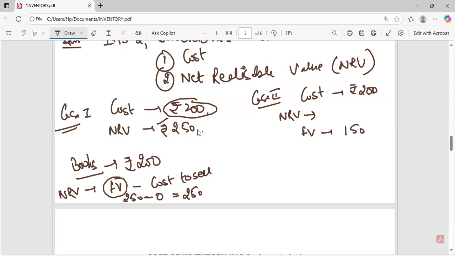And now she has to incur certain cost also to sell it because she now has to look for customers who can buy those soggy stale pizzas. So she has to incur a cost of, let's say, 20. So my net realizable value would be fair value less cost to sell, which is 130. Okay, this is my net realizable value.